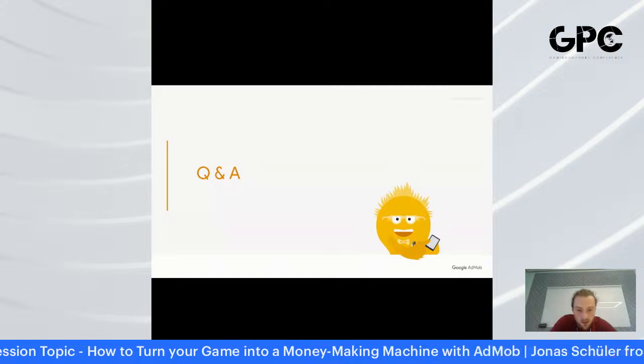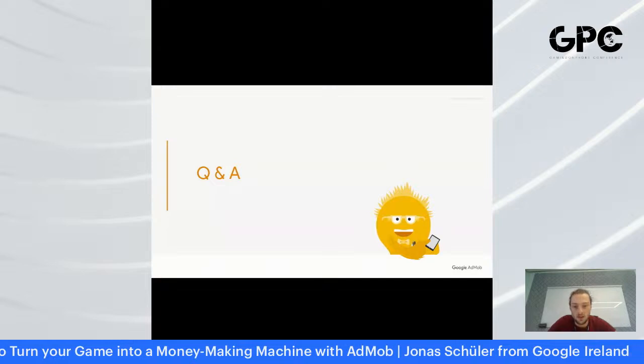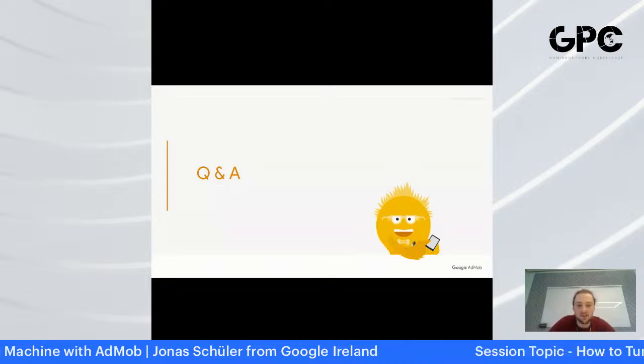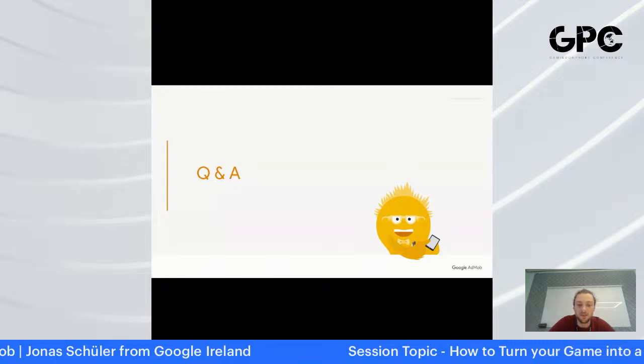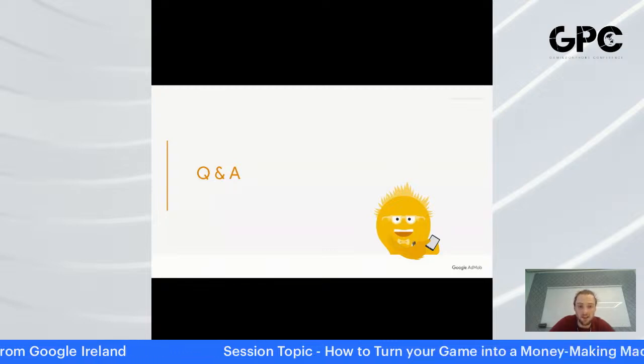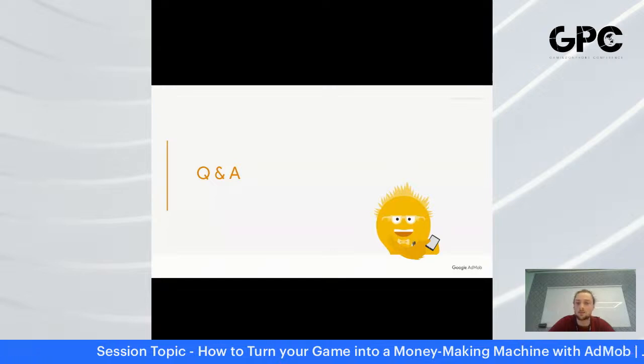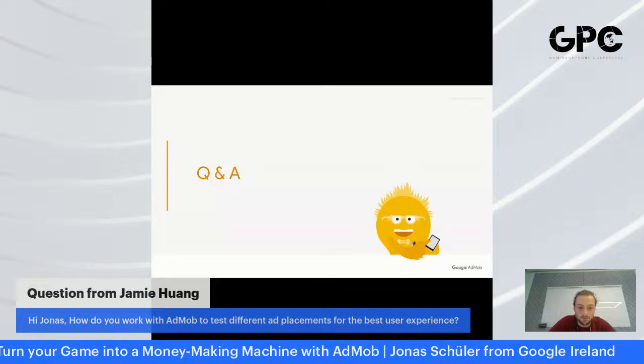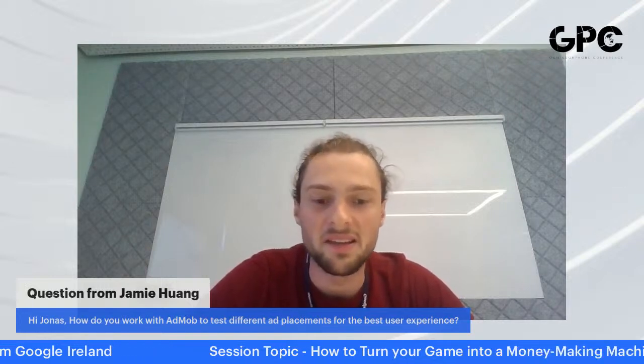So there was a question from Jamie. Jamie was asking, how do you work with AdMob to test different ad placements for the best user experience? And I think that's a great question, honestly. So what I would say is that, first of all, you utilize AdMob as your mediation. And then with AdMob mediation, you can test different ad placements within your app.